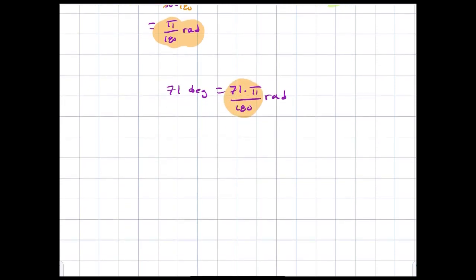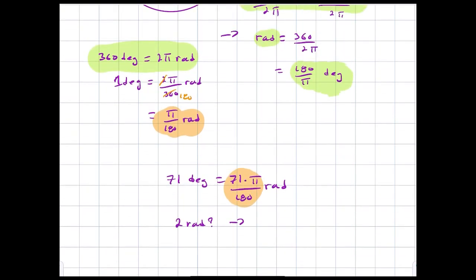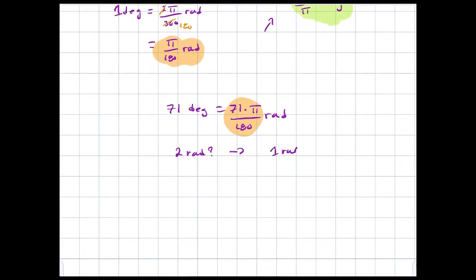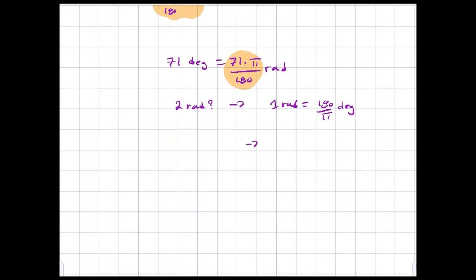What if I want to know what is 2 radians in terms of degrees? Well, remember, I know that 1 radian from up here is 180 over pi degrees, which means that 2 radians, actually let's make it more interesting than 2. Let's make it 2.5.